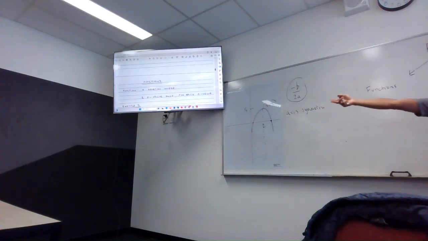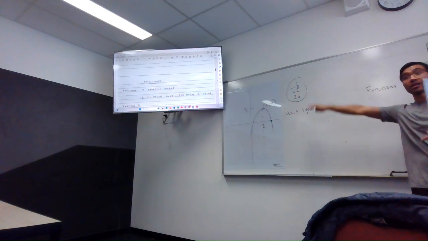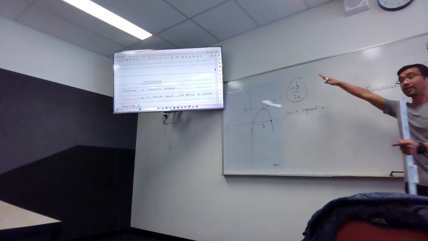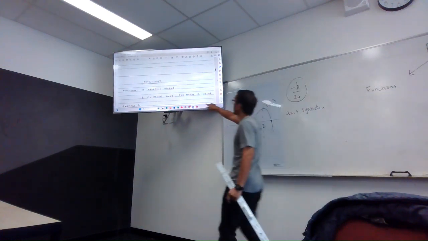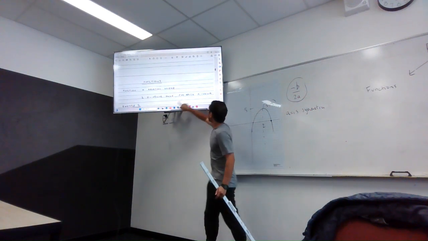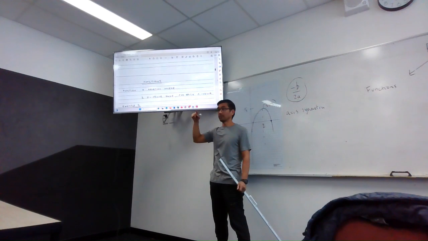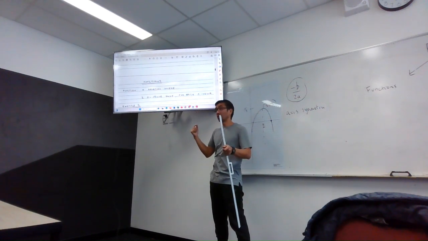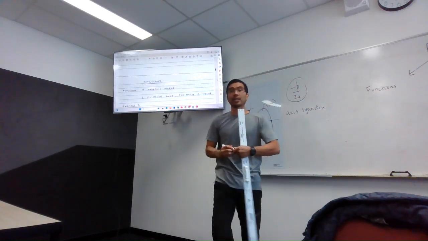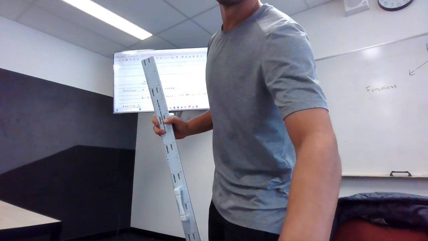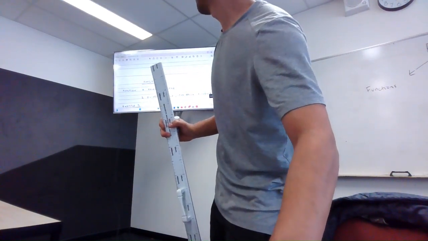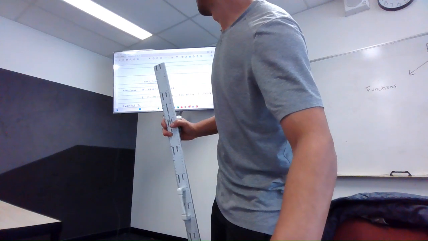Two main groups. We separate all the graphs on the left and all on the right. All on the left are functions, but what's a function? One y value for each x value. 1 to 1, 1 for 1. We're not sharing values, 1 to 1. Okay, and how do we test for that? Let's look at this question here.